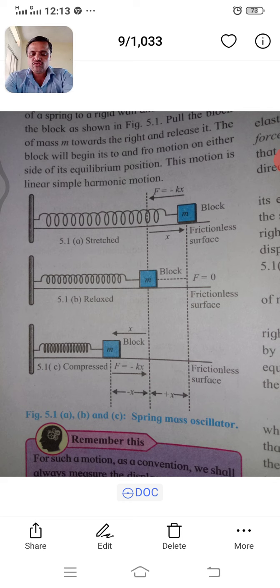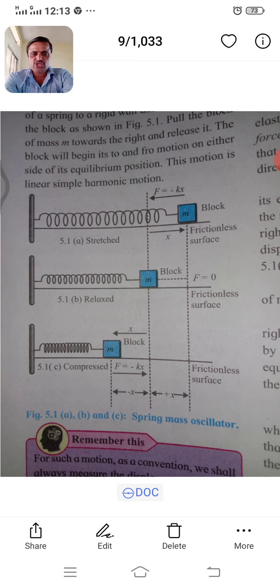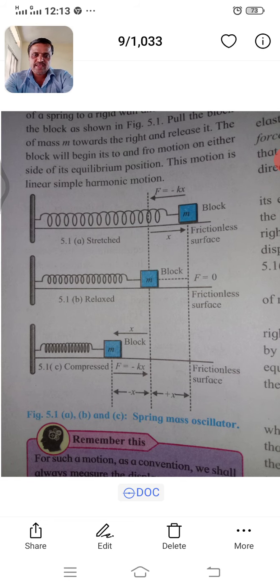Attach one end of the spring to the rigid wall and the other end to the block, as shown in this figure. Now if we take the three figures, figure A, figure B and figure C: figure B is the relaxed position, where the block is at the mean position. In figure A the spring is stretched, and in figure C the spring is compressed.